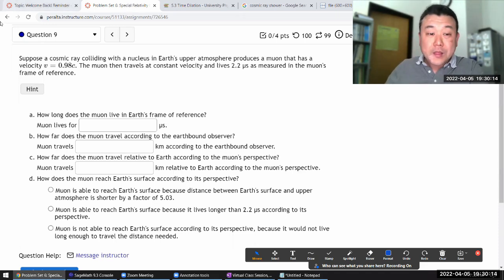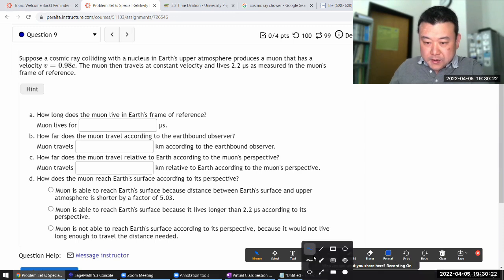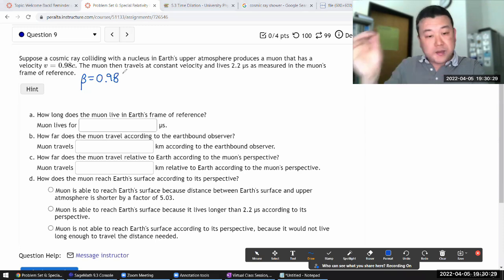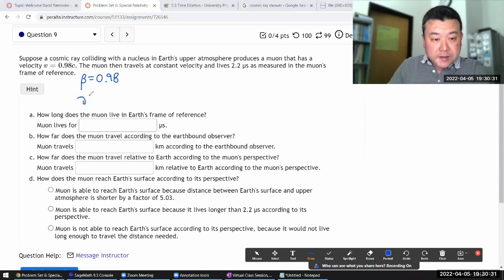So, the cosmic ray produces a muon that has this velocity. In the parameter that I've been using, we would say beta of that muon is 0.98. And for later, when I need it, gamma will be 1 over the square root of 1 minus beta squared.